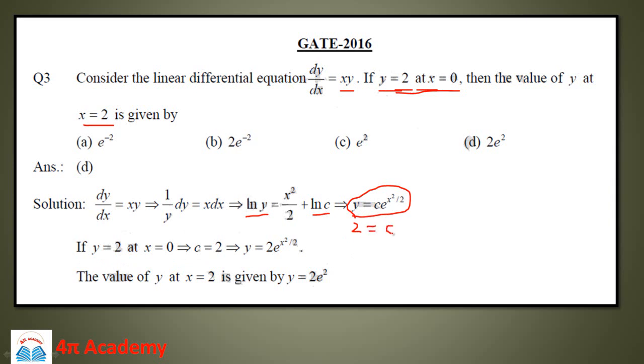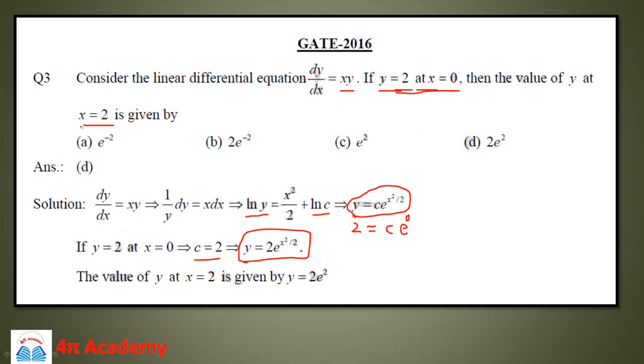So 2 is equal to c times e raised to power, when you substitute x is equal to 0, it will be 0. Anything raised to power 0 is 1. It implies that c is equal to 2. So therefore we get the solution as y is equal to 2 times e raised to power x square by 2.